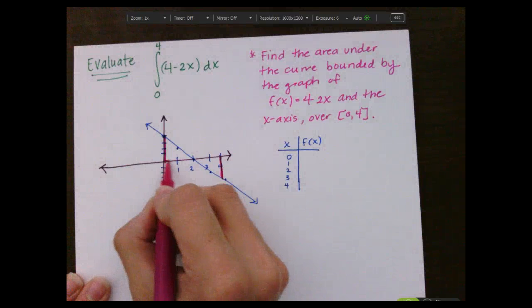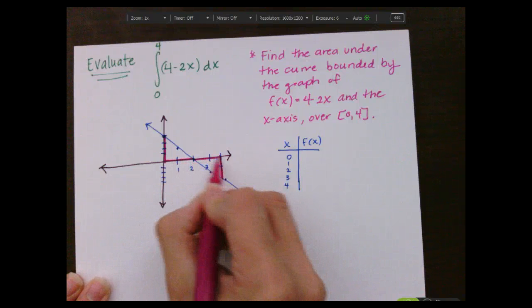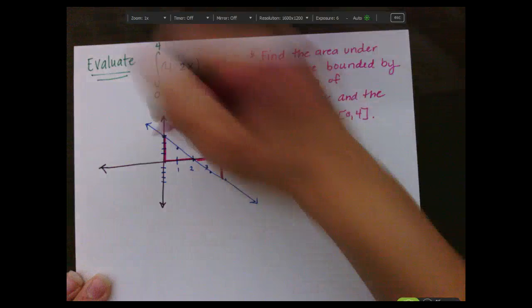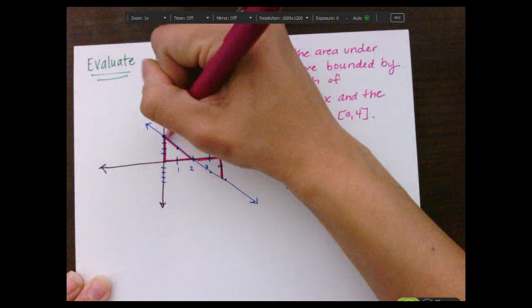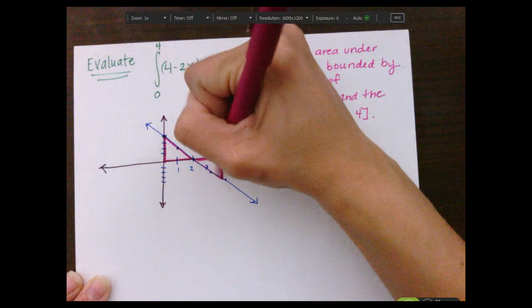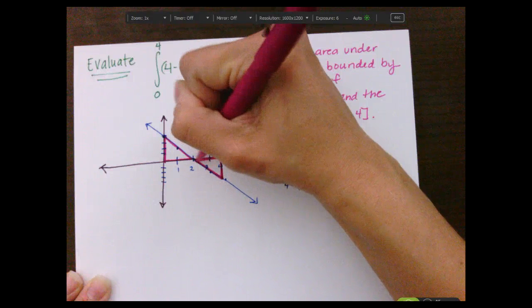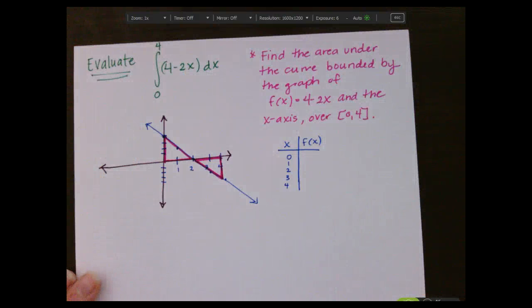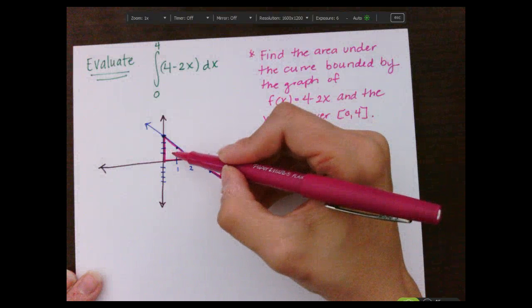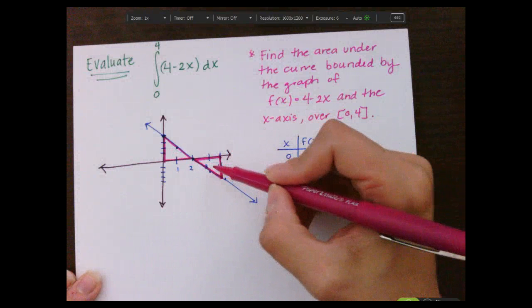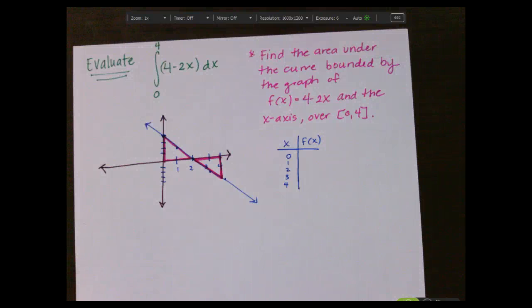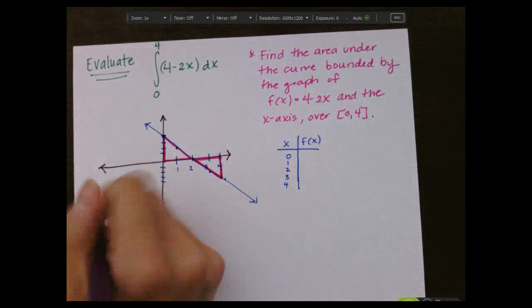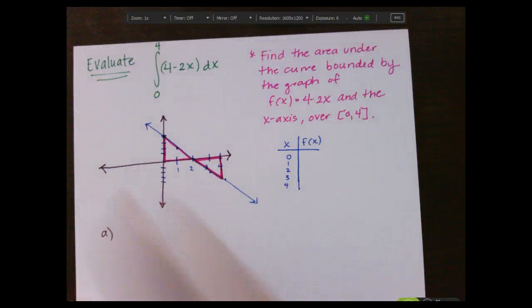I also want to bound it by the x-axis and my curve. So you can start to see these regions come together that we're trying to find the area of. We have this region above the x-axis, which will give me a positive area, and this region below, which will give me a negative area. So let me show you each of the ways that I can find this area.